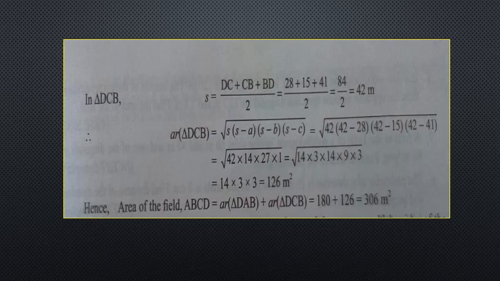Therefore, the total area of the field ABCD, that is quadrilateral ABCD, is equal to area of triangle DAB plus area of triangle DCB, that is 180 plus 126 is equal to 306 meter square. So 306 meter square is the area of the quadrilateral ABCD.